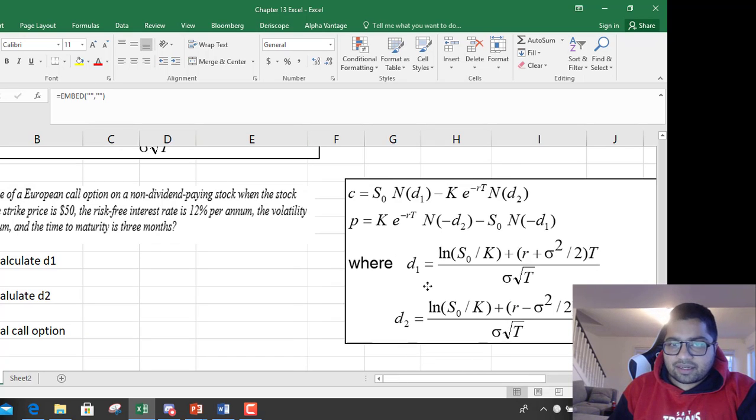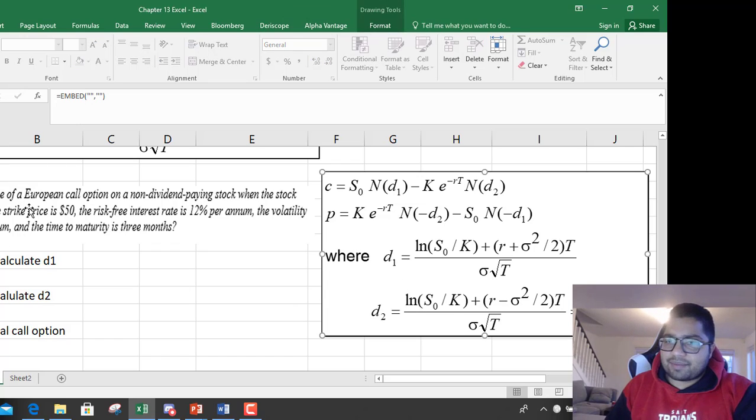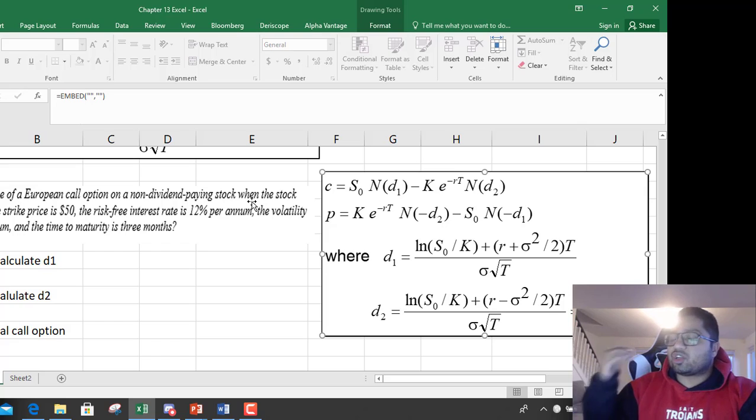So let's do that. An example I have taken: what is the price of European call option on a non-dividend paying stock? First of all, Black-Scholes Merton model in this form can only be applied on a non-dividend paying European option. It cannot be applied on a dividend paying European option, or we have to make some changes, and it cannot be applied on an American option too.